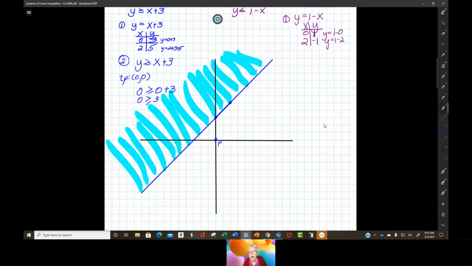So, I am going to plot the points 0, 1, and 2, negative 1. And that is the kind of inequality that will let me use a solid line. So, no. Try again.